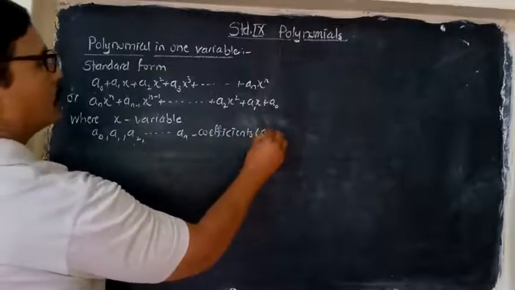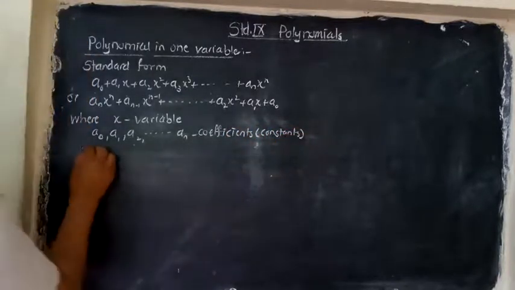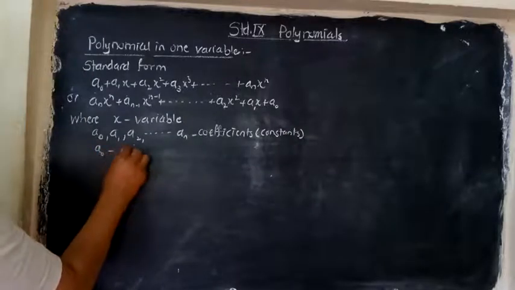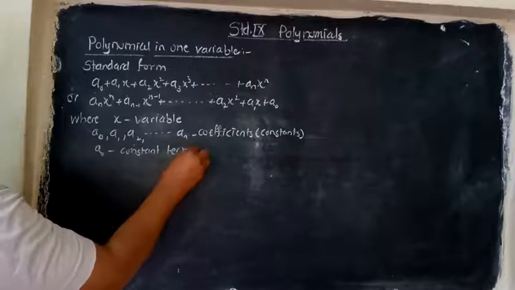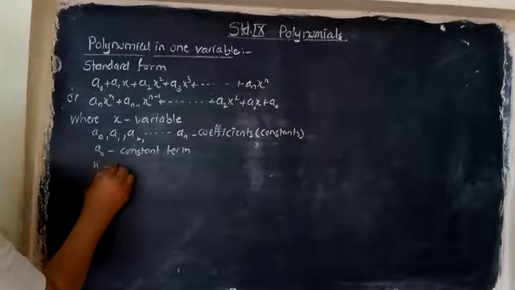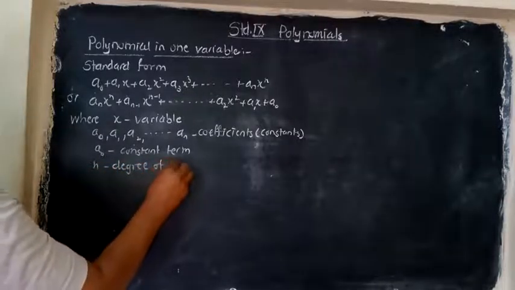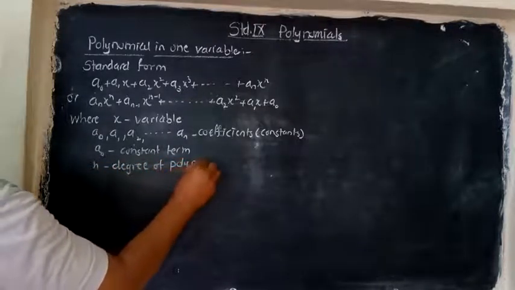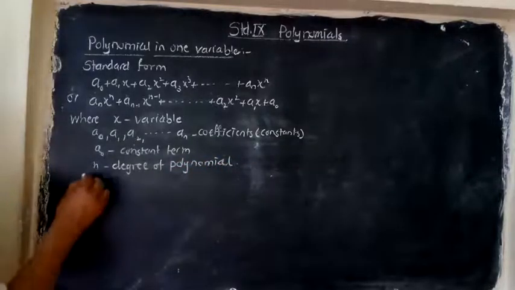These are constants. a0 is the constant term, and n is the degree of the polynomial.